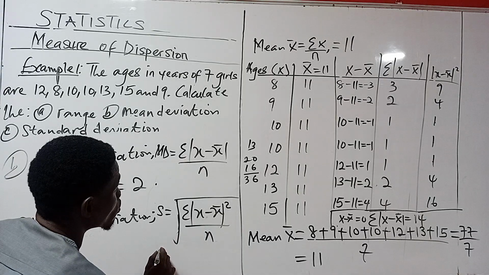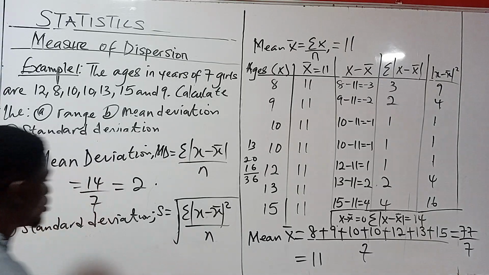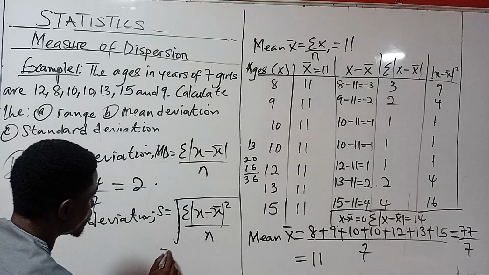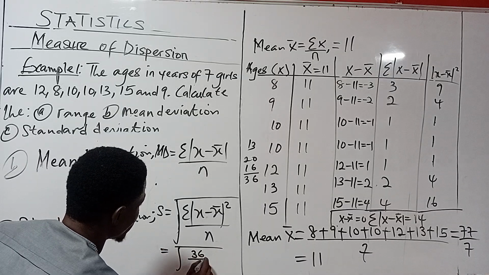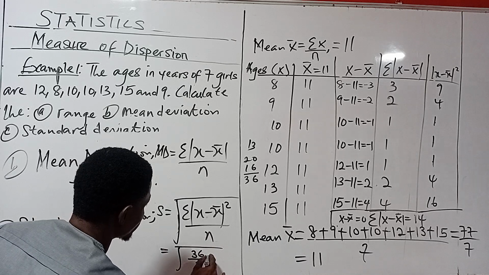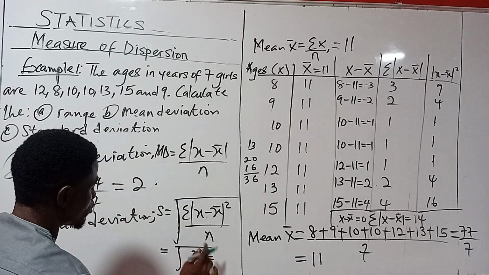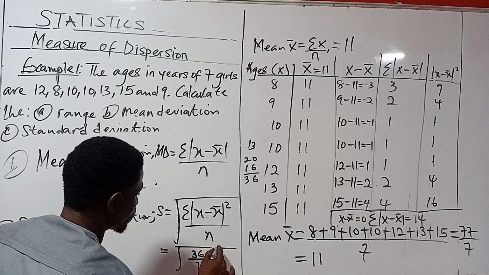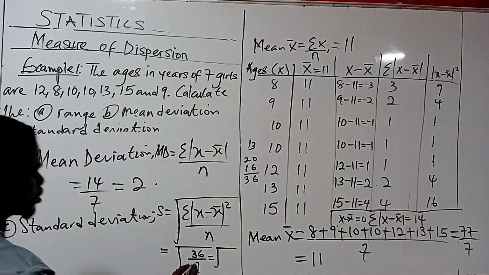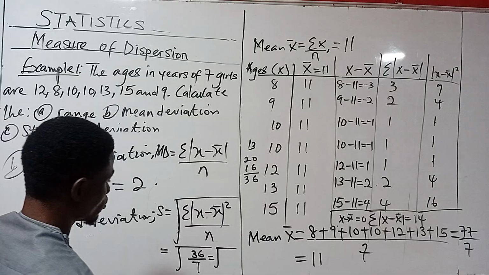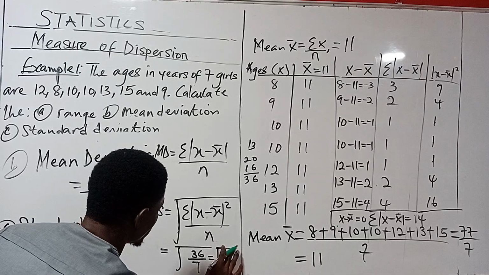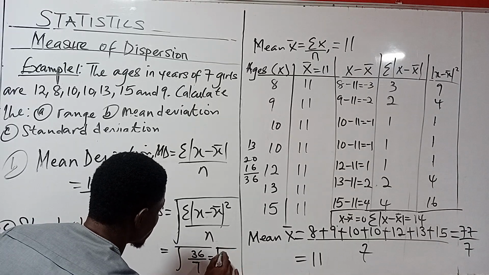So what I have here is 36. We have the square root of 36 divided by 7. So when you do that, what are you going to have? How many 7s in 36? It should be 5.